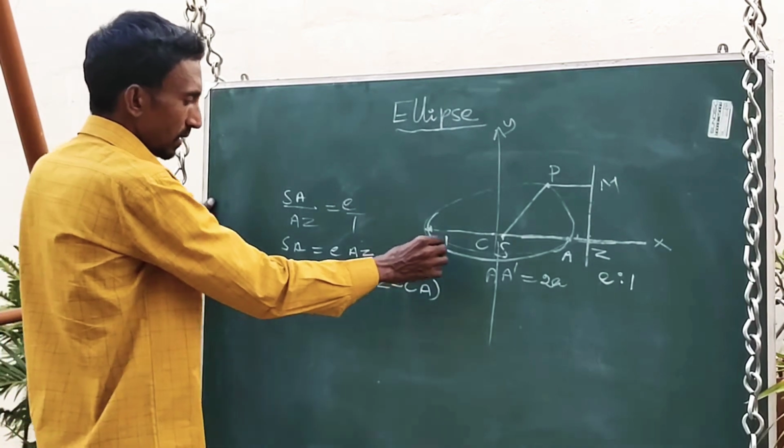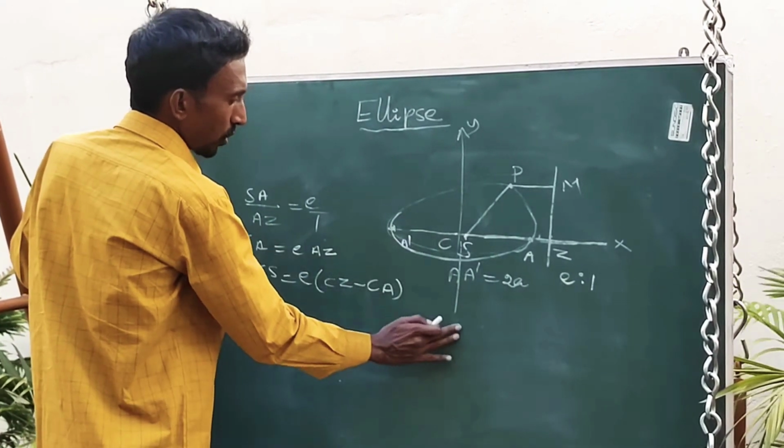Similarly, A dash divides externally in the ratio e is to 1.